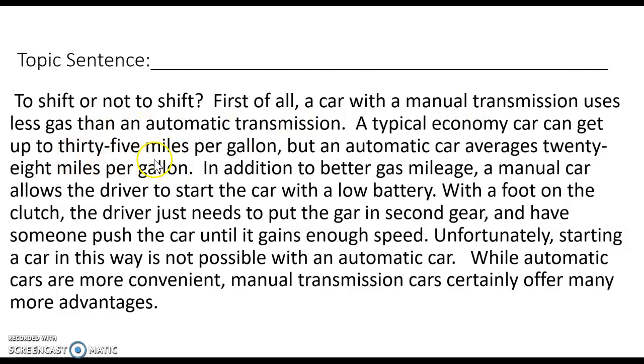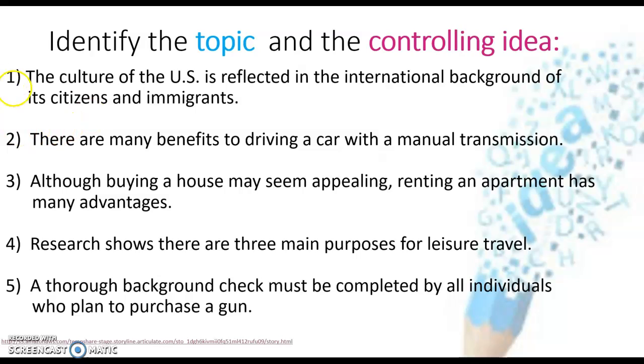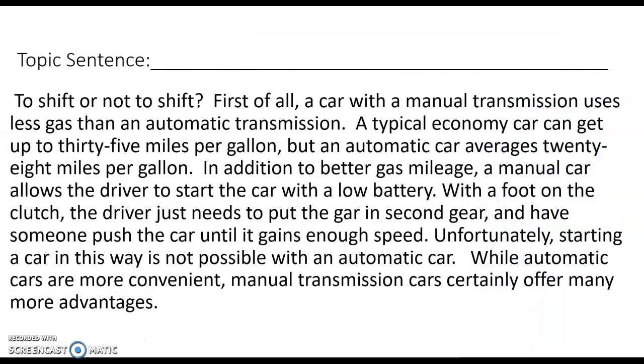Low gas mileage, starting the car with a low battery. So our topic sentence for this could be sentence number 2. That would be a good topic sentence for the paragraph. There are many benefits to driving a car which is a manual transmission.